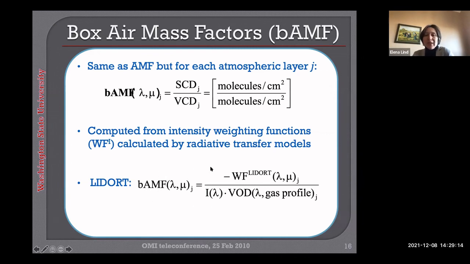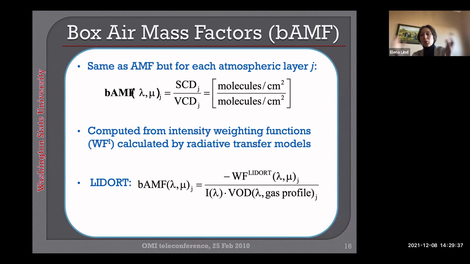Why I'm talking about this is that these weighting functions or sensitivities are the best way to visualize and evaluate where your information is coming from. Remember, measurements themselves are quite simple. You just have a spectrometer, some kind of fiber, a telescope, and you're pointing in different directions.